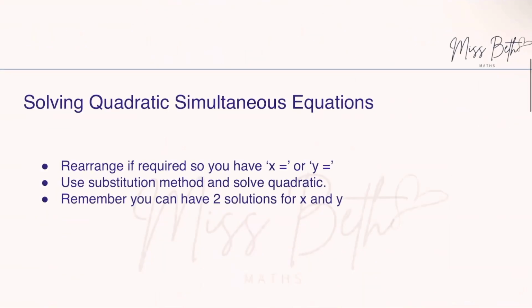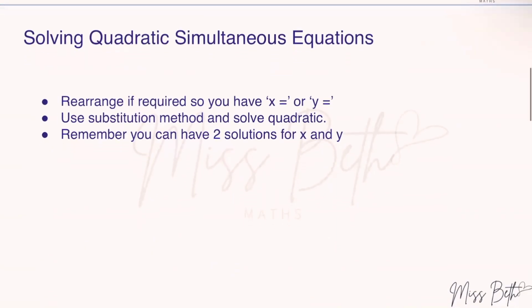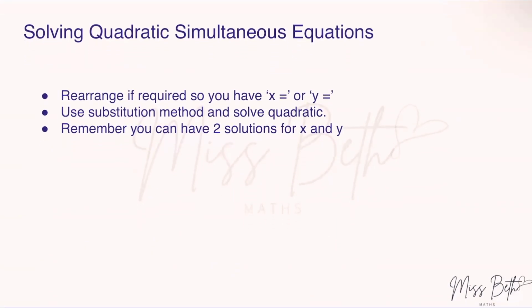So a couple of key points. First of all, you're going to have two equations, of course. Most of the time, one of them will be in the form x equals or y equals. If not, you're going to need to rearrange to make sure that you have one of them like that. And then you'll always use the substitution method.